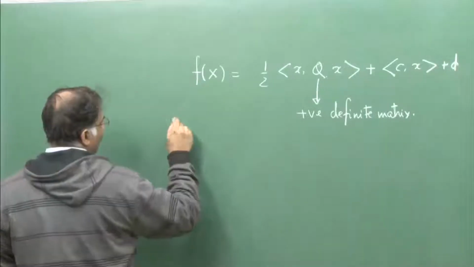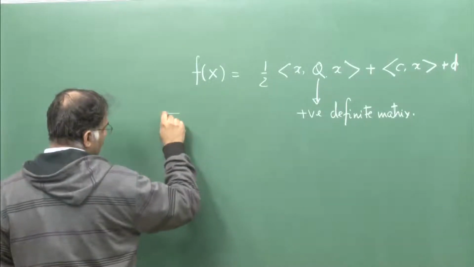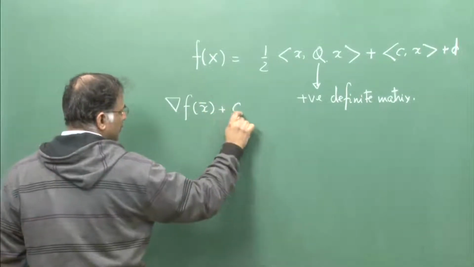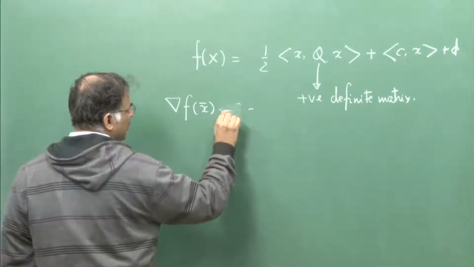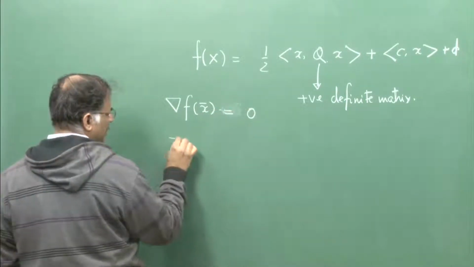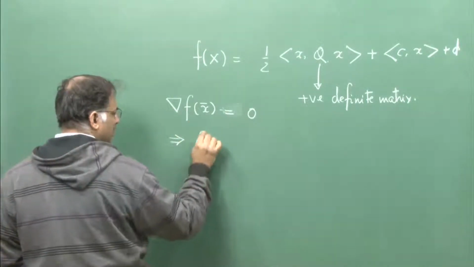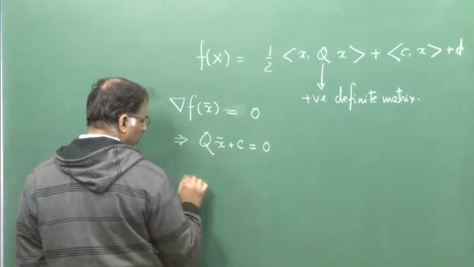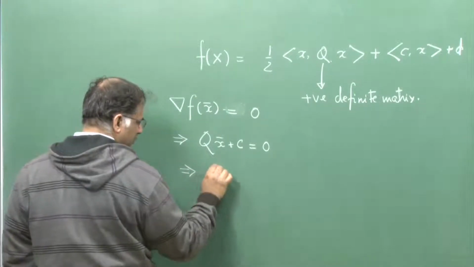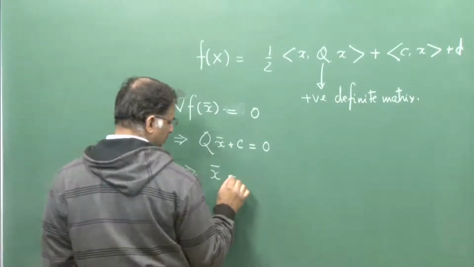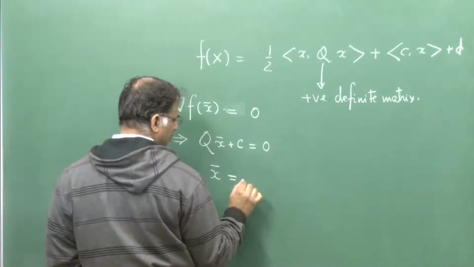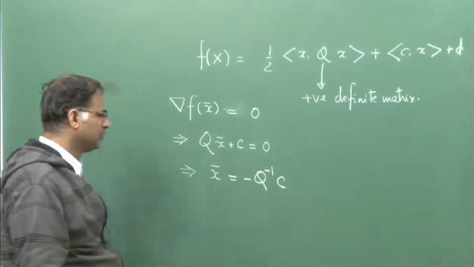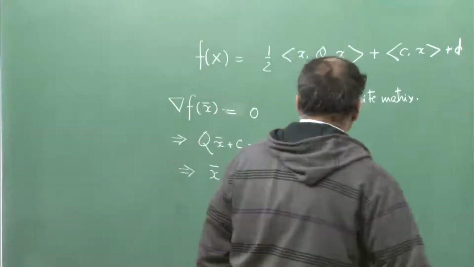Now, if x bar is really the minimum, then it must satisfy grad f(x bar) equal to 0, and that would imply, in this particular case, because the gradient at x bar is this, the solution is now.